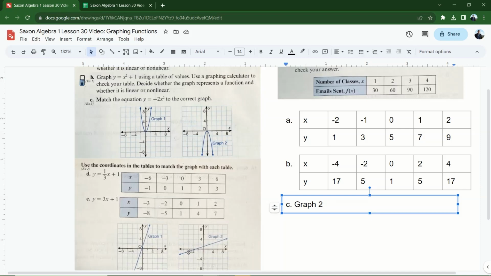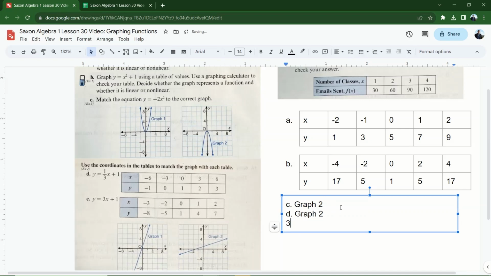This one looks like it's going to have -6, -1. Let's see if it has the next one. -3, that's right here, 0. That looks right. 0, 1, halfway up between the origin and the first marking, which is 2. So letter D corresponds to graph 2.